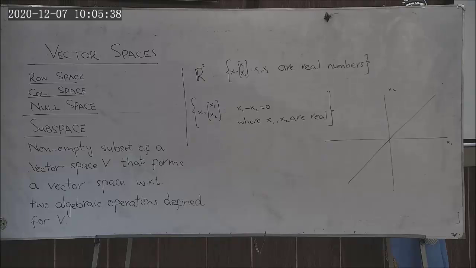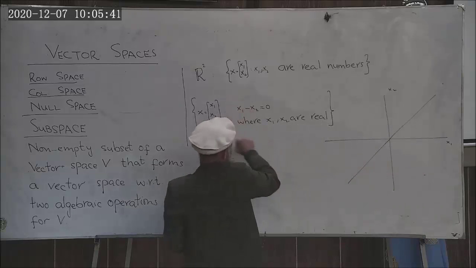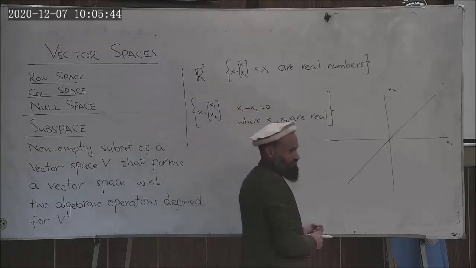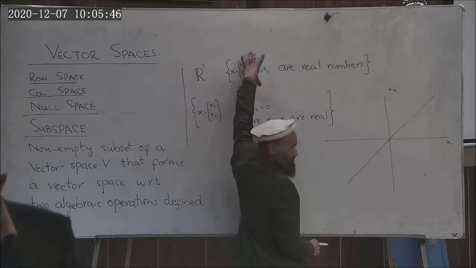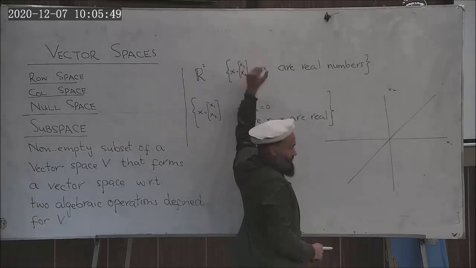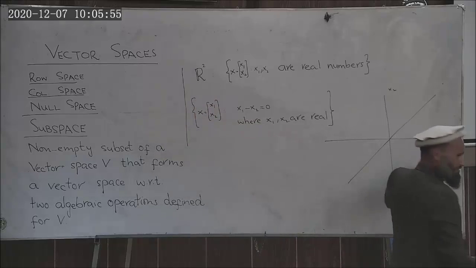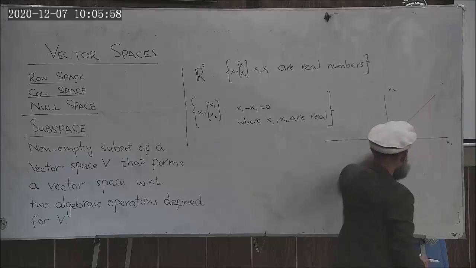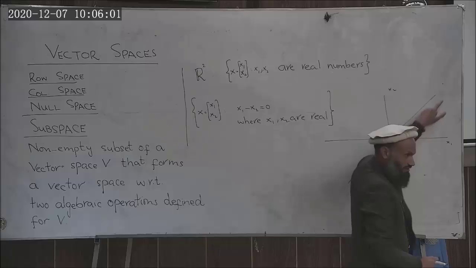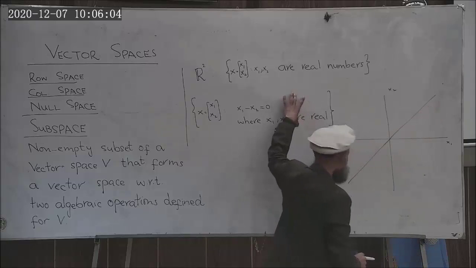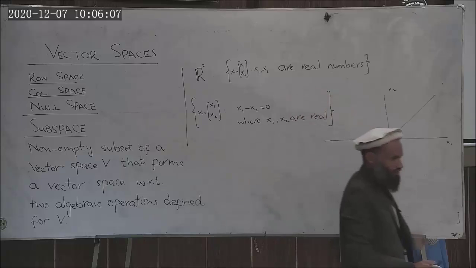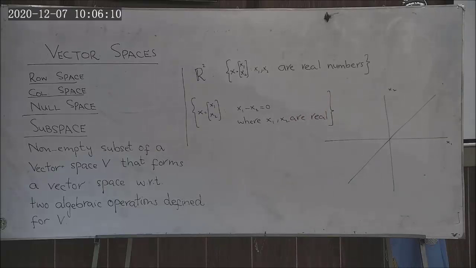Therefore, this is a vector space. This set is a subset of this set. Therefore, this will be a subspace. The set of vectors on this line that are members of this set also forms a vector space. All those axioms are satisfied, and this subset is called a subspace, right? Clear?